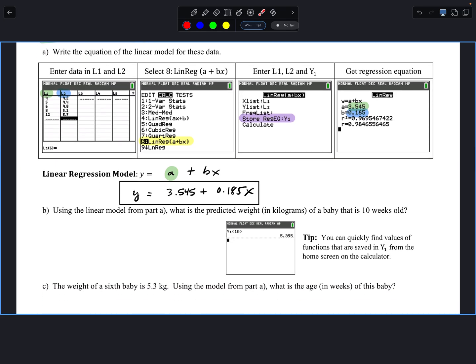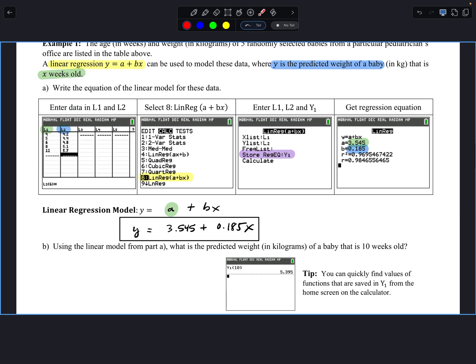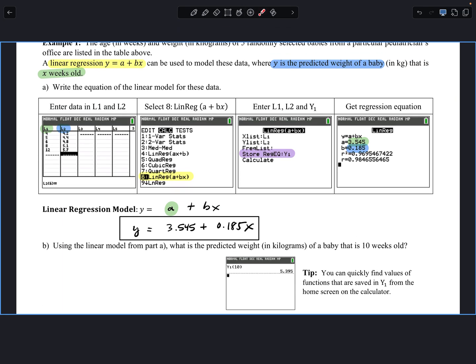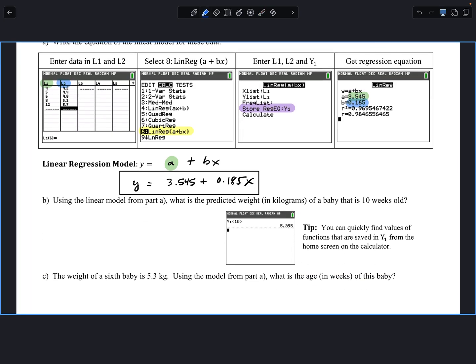So using our model, remember X is weeks, Y is the weight. So what is the predicted weight? So what is Y when X is 10?